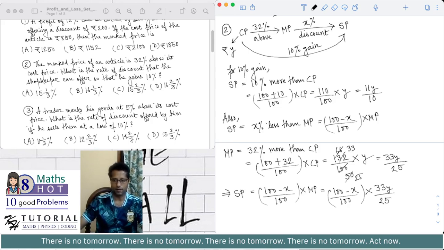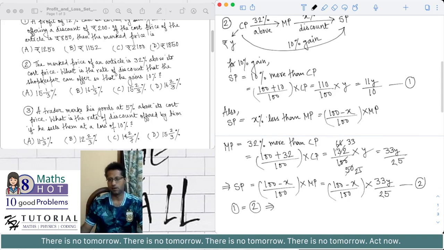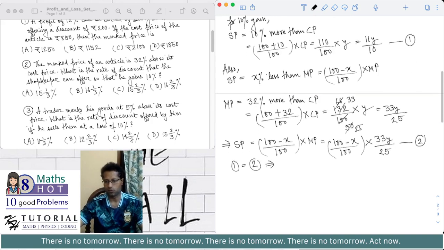Now we will equate this selling price and this selling price. We will equate 1 and 2 because they are the same selling price. By 1 equals 2, I mean that the value of 11Y by 10 will be equal to the value of SP found as a result of equation 2.